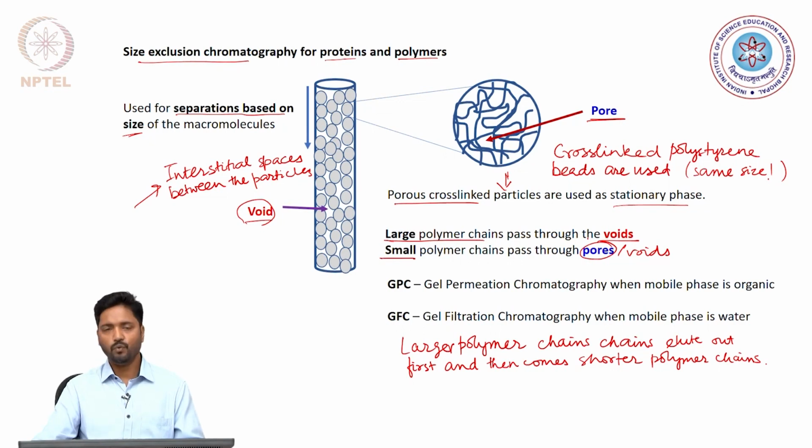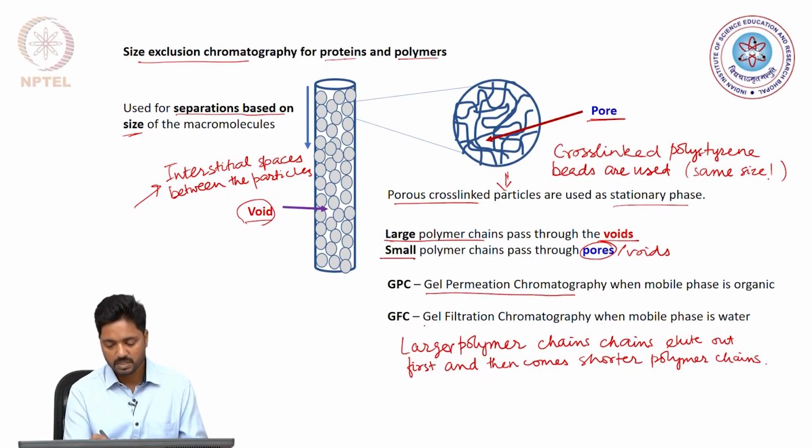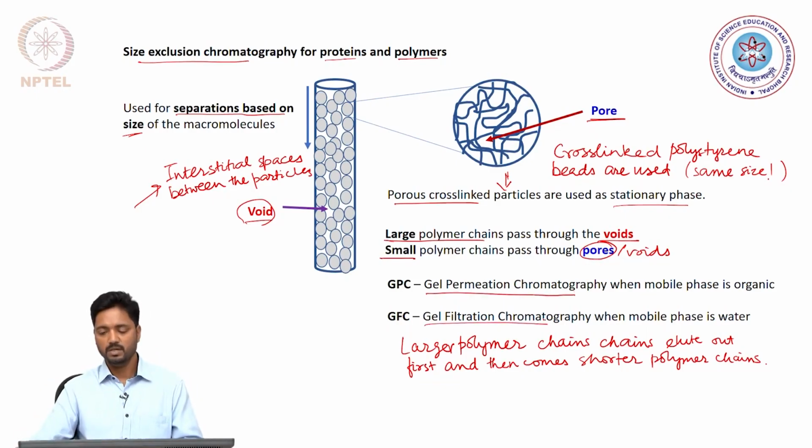Based on what mobile phase is used in this chromatographic technique, we call it either gel permeation chromatography or gel filtration chromatography. So, GPC or gel permeation chromatography is the term used when the mobile phase is organic, and if the mobile phase is aqueous, then we use the term gel filtration chromatography.